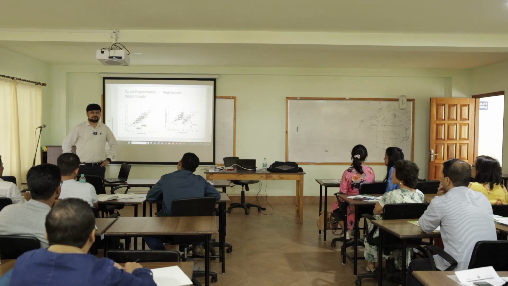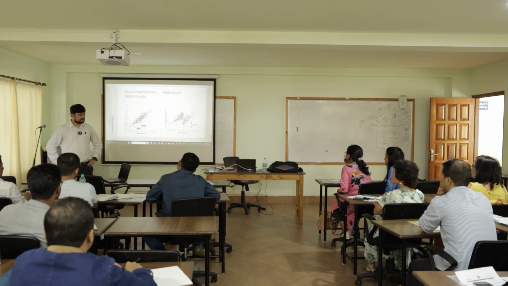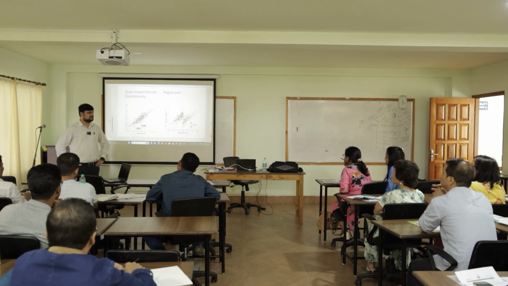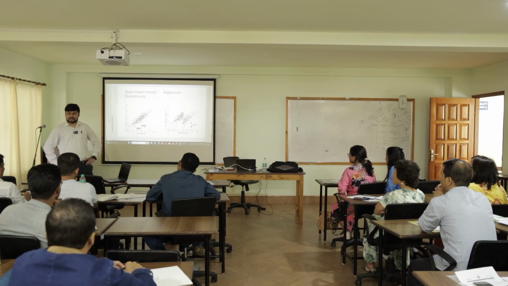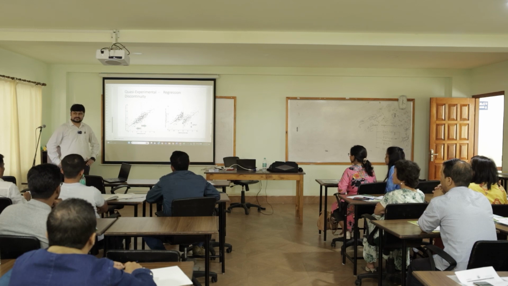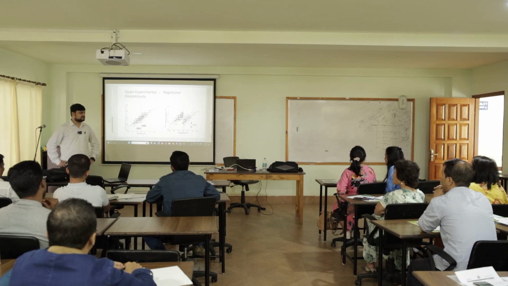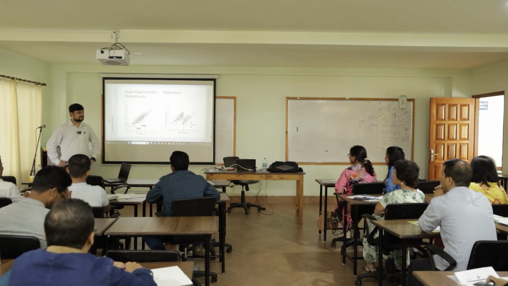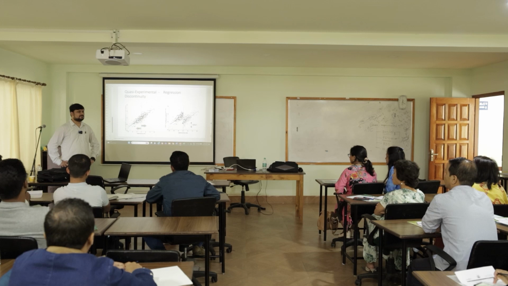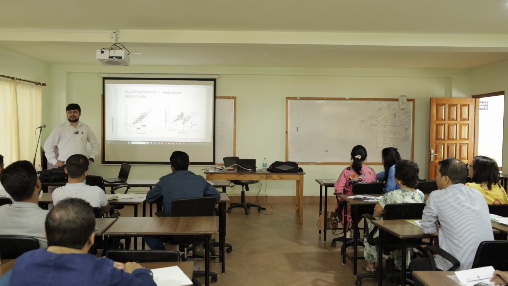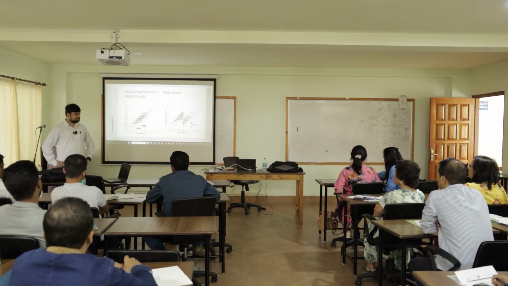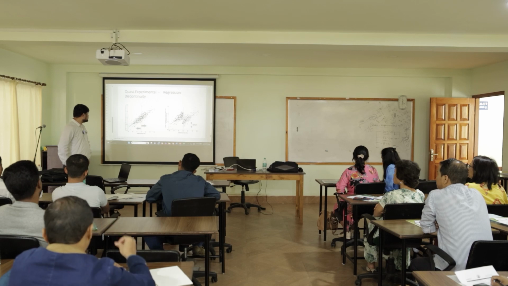And there are usually around 5 members in each household. So 22 into 5 is around 110, 120 rupees, right? If you extrapolate this for the entire month, it might come to around 3,600 rupees. I think it was 4,800 rupees for the entire month, and then if you extrapolate it for the entire year, it comes to around 56 or 58,000 rupees, right? So that's why I'm talking about that.